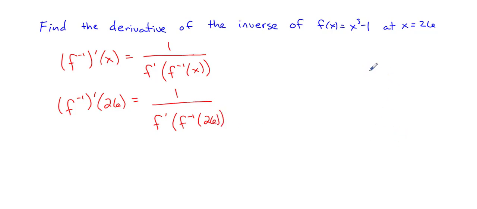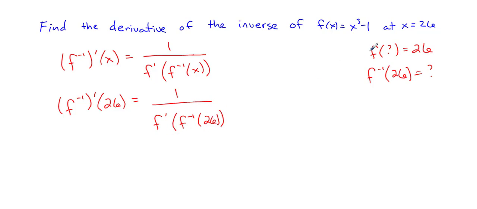Now here's the deal. If we want to find the inverse at 26, what do we have to do? We have to figure out what value evaluated at the function equals 26, right? Okay, so that's our first task, guys, to figure out this quantity.